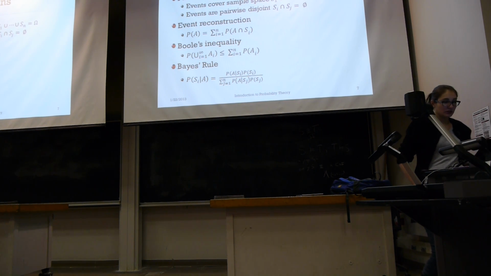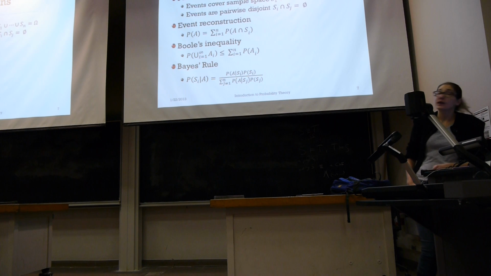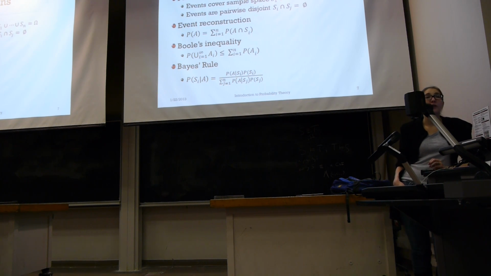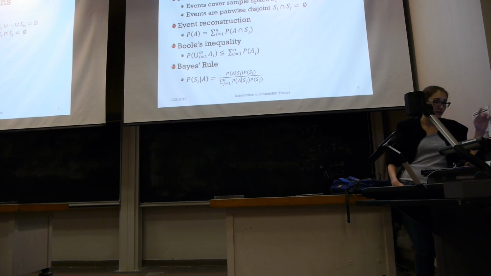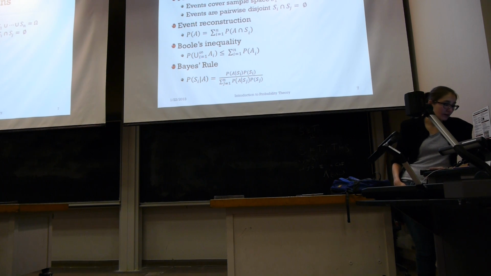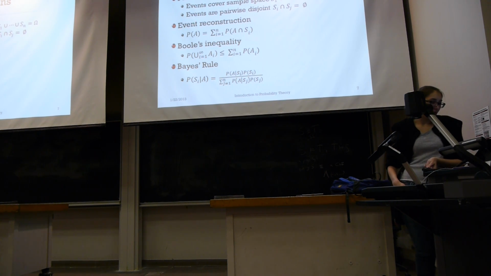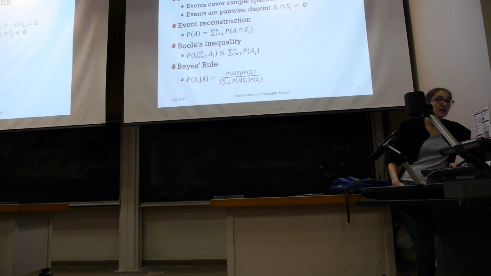The law of total probability is writing the probability of an event using the probability of that event intersected with each of the events in the partition. Another useful inequality is Boole's inequality, which is logical if you look at a Venn diagram. Okay, and then you were also taught Bayes rule, which we'll be talking about more later.